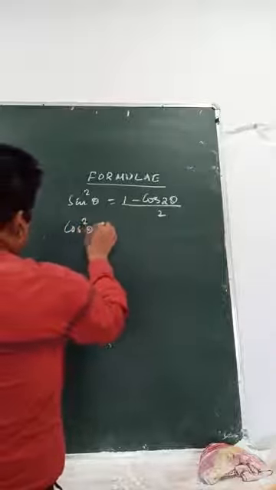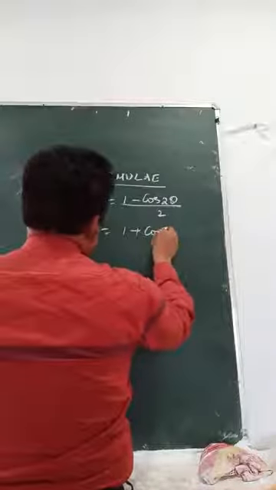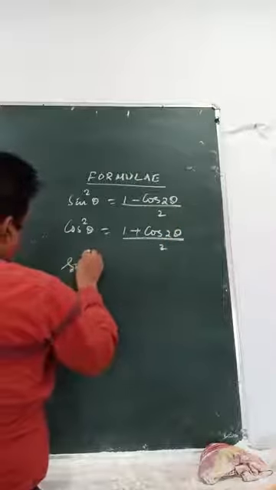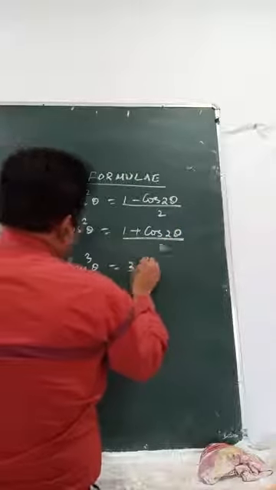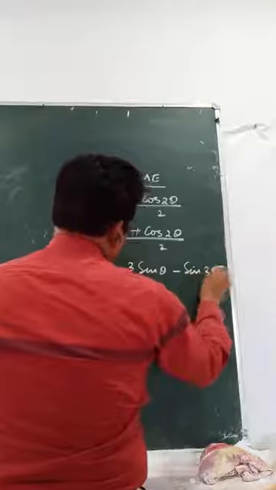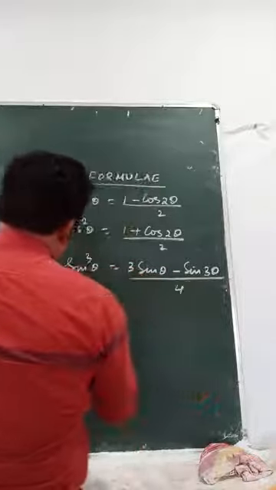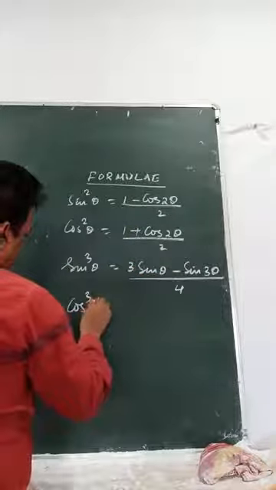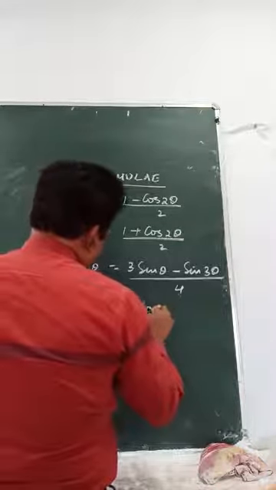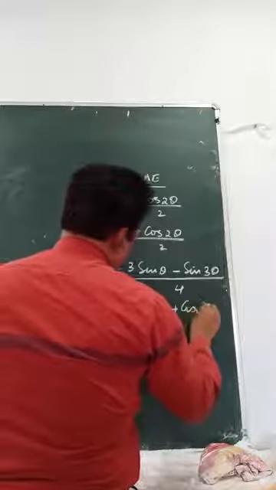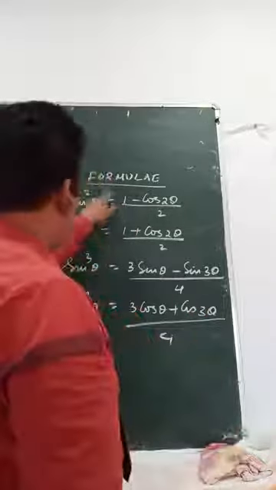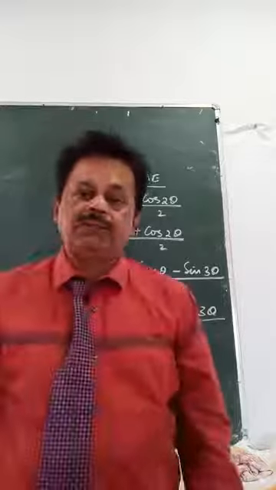Cos square theta is 1 plus cos 2 theta by 2. Sin cube theta is 3 sin theta minus sin 3 theta by 4. Cos cube theta is 3 cos theta plus cos 3 theta by 4. So first I will discuss questions based on this, then I will go to different patterns.